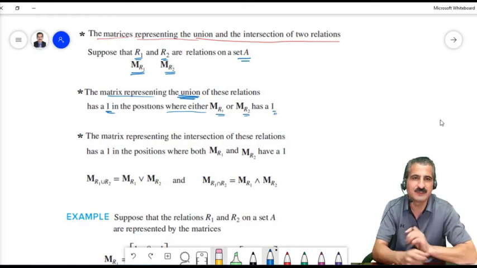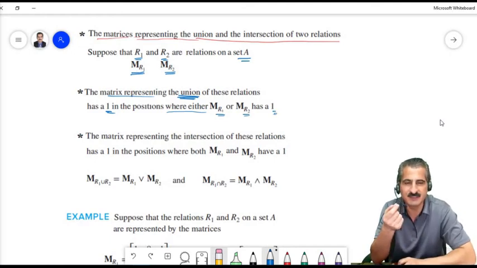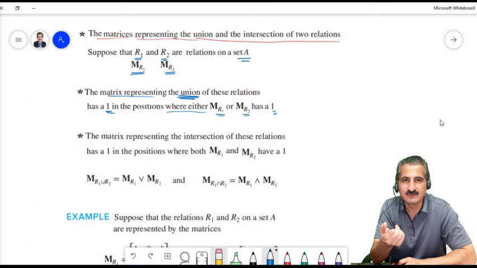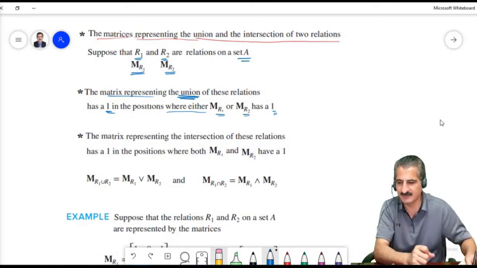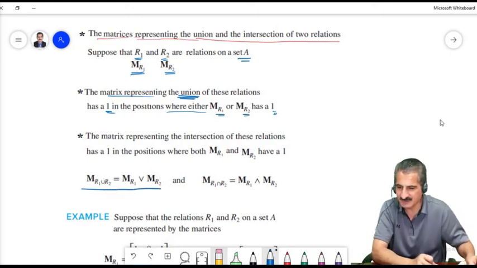So if a one exists in the matrix MR1, that means some A_i is related to A_j. When we take that union, this relation will stay with us. So wherever we have a one in the matrices, the matrix of the union will have a one at any of these places. So it is represented here, and this is OR.